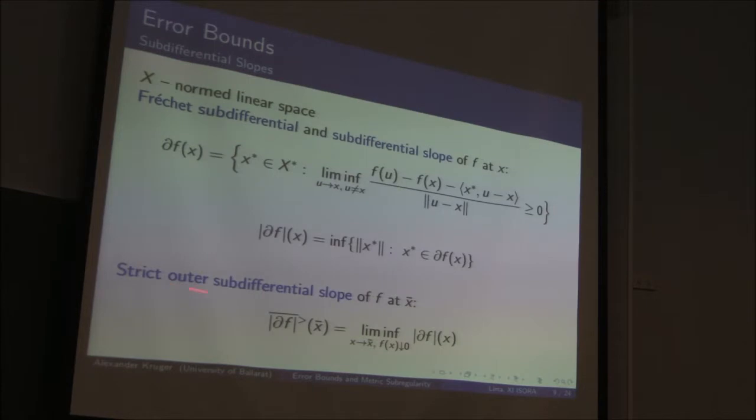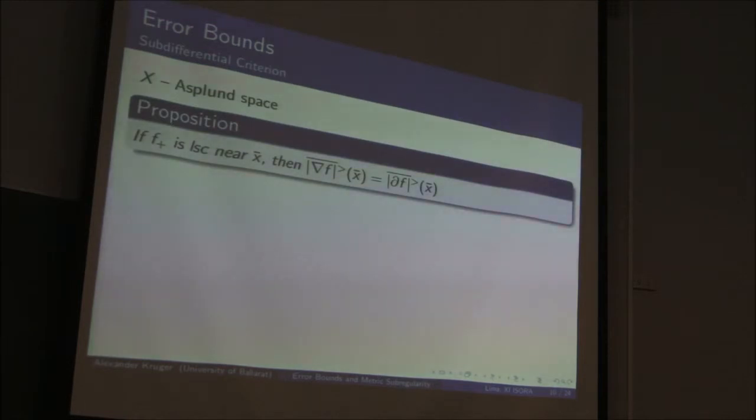Strict outer subdifferential slope is defined in a similar way using the same lim inf. Again, just knowing this constant is not enough. We need to have an estimate for all slopes nearby. This simple proposition: if we live in an Asplund space, then the strict slopes, primal space and the dual space, coincide.